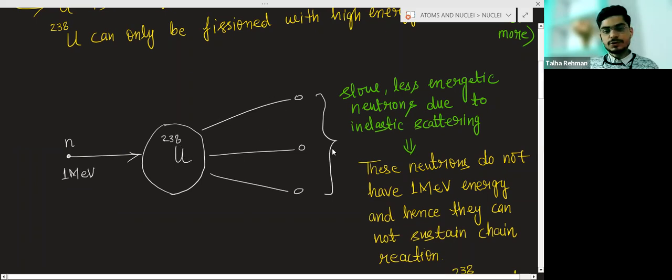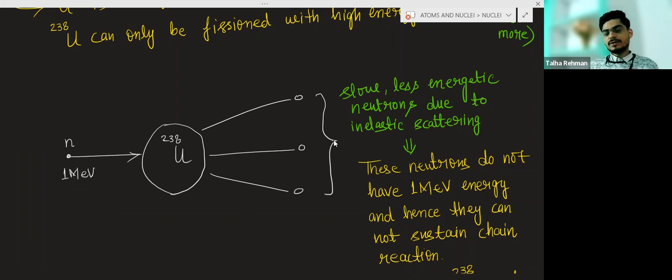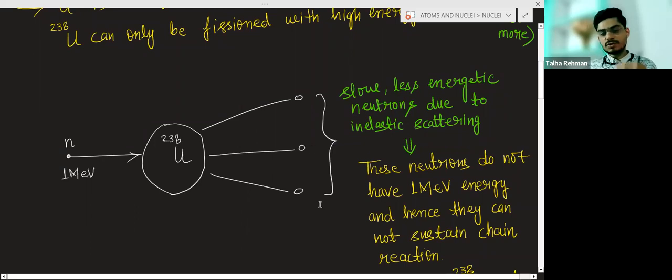On fission, 3 neutrons will release, but these neutrons will have low energy due to the inelastic scattering. Inelastic scattering is like inelastic collision, and in inelastic collision, you know that energy is lost. So these neutrons will have less energy.